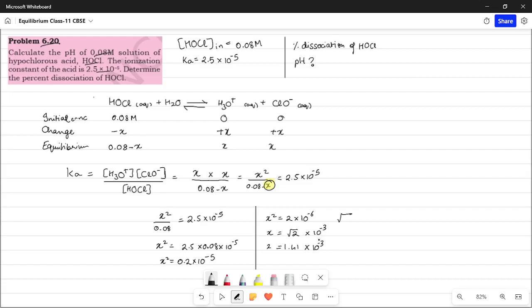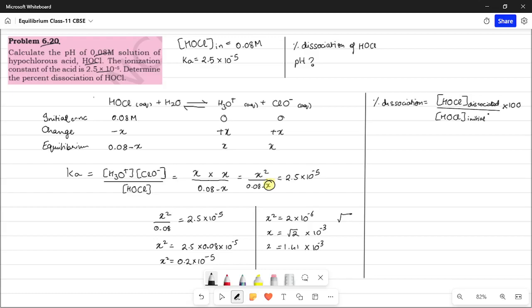Now, the percentage dissociation for HOCl will essentially be equal to the concentration of HOCl which is dissociated, divided by the initial concentration of HOCl, into 100.